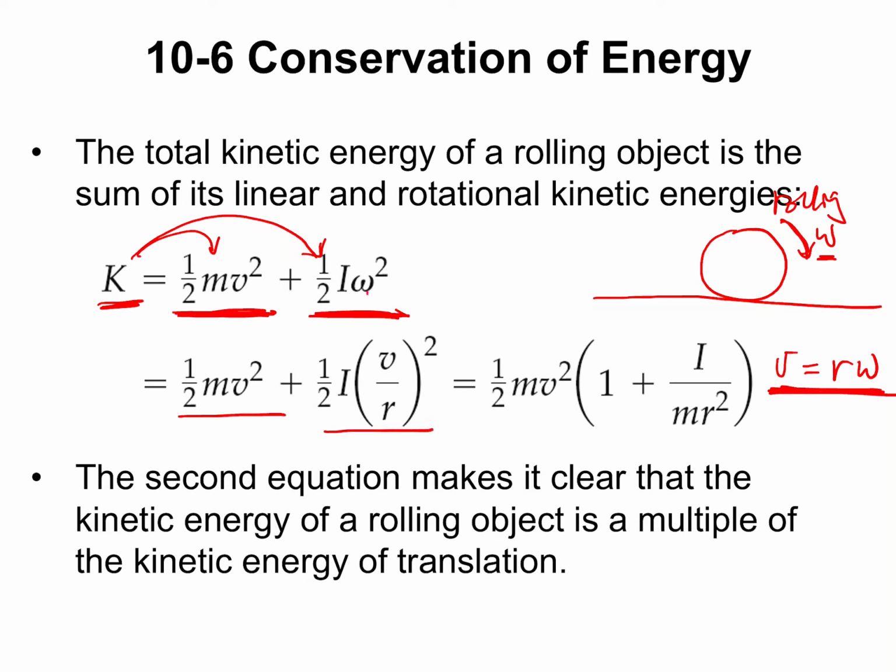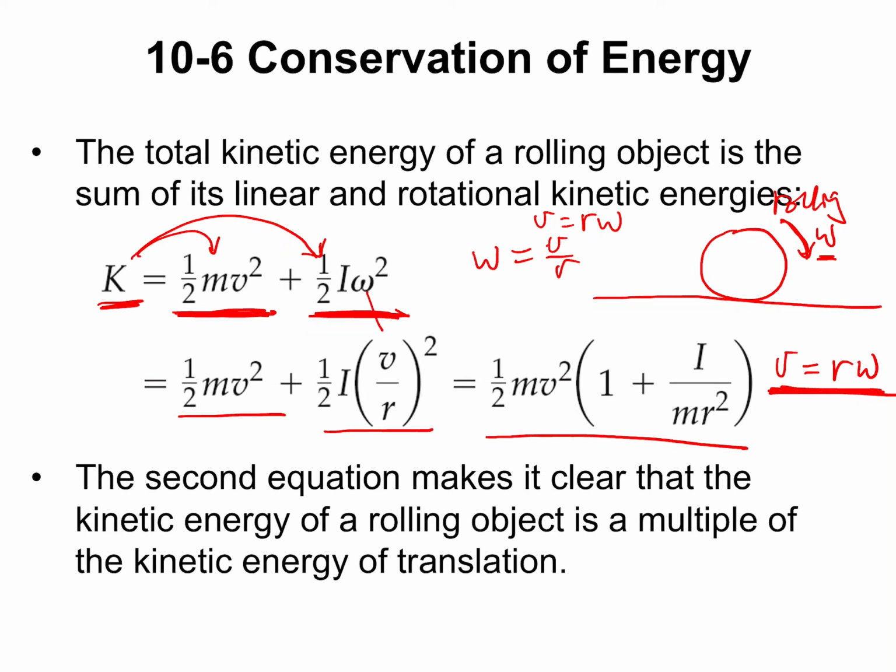So do some substitution. v equal to R omega, so omega equal to v over R. This is the kinetic energy of the object if the object is rolling.